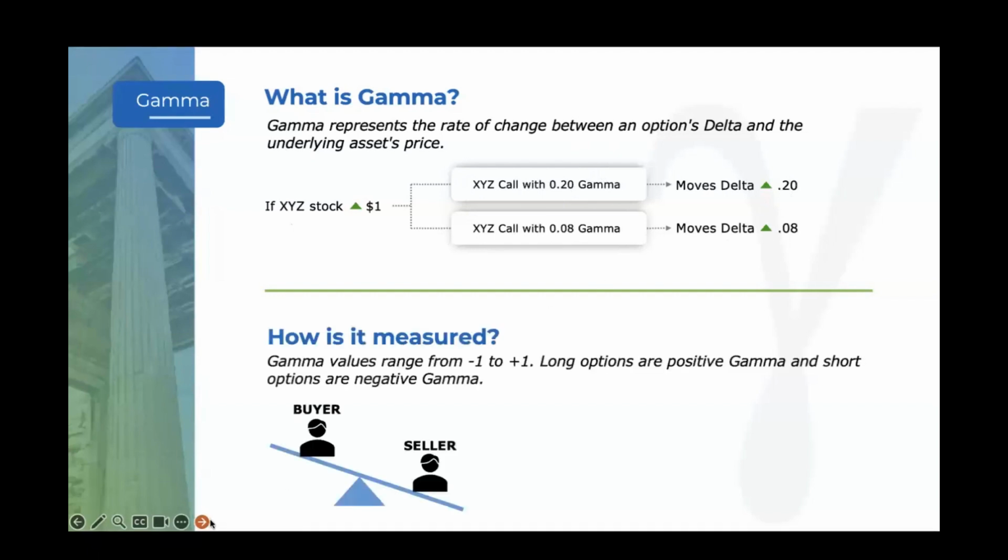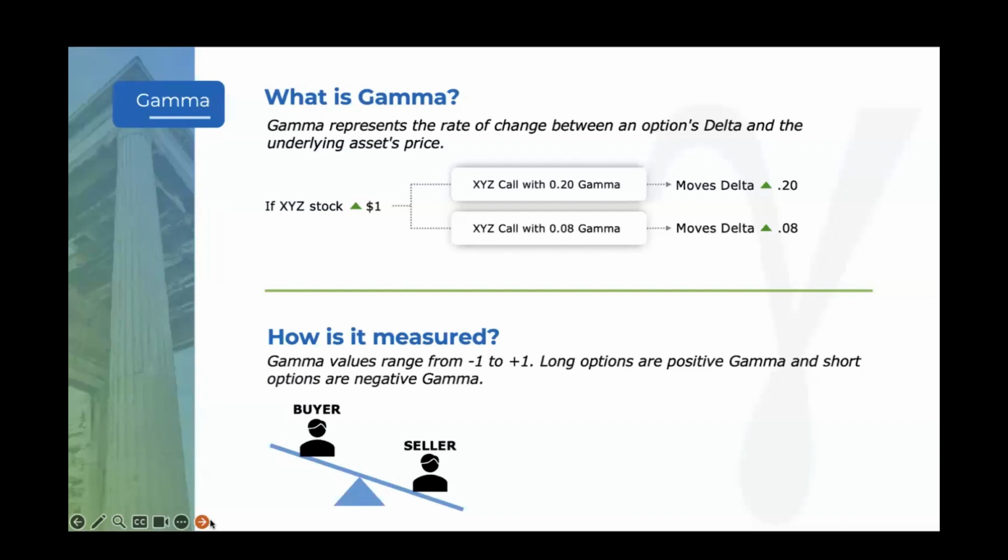So since this is a measurement of, or it's derived from delta, it's on the same range from -1 to +1. Bring back that destination. If we're buying calls, our destination is +1. If we're buying puts, our destination is -1. That's our destination. Gamma is like your engine that's going to get you to that destination.